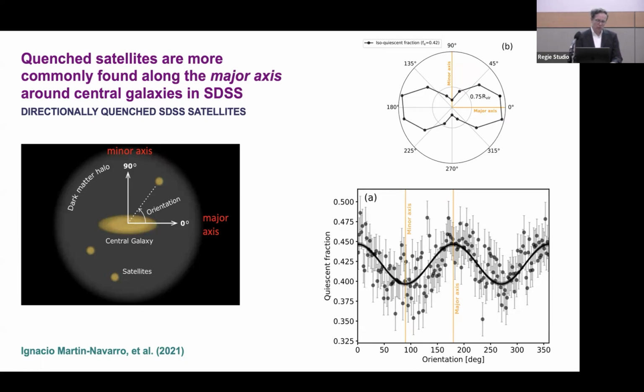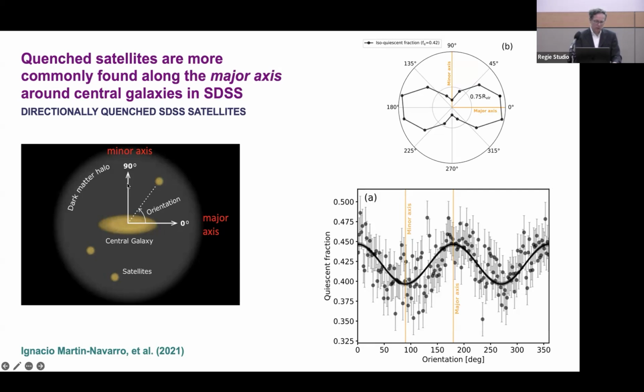Then you can ask whether it matters where such a satellite is in relation to this disk galaxy. Basically, you look at the orientation angle and ask whether a galaxy is quenched or not. Quenching means whether its star formation has been shut down or not. And you find that the galaxies are more quenched in the direction of the major axis.